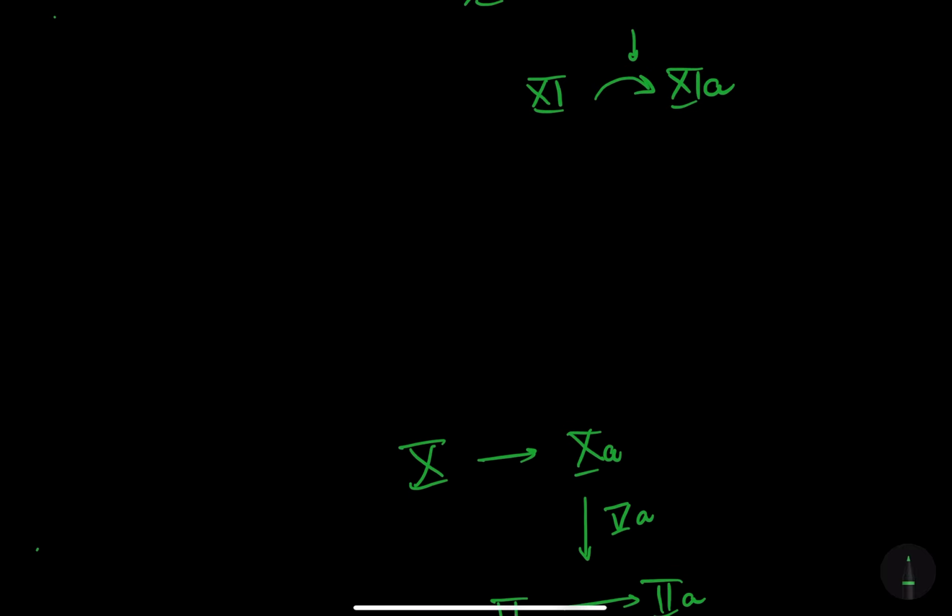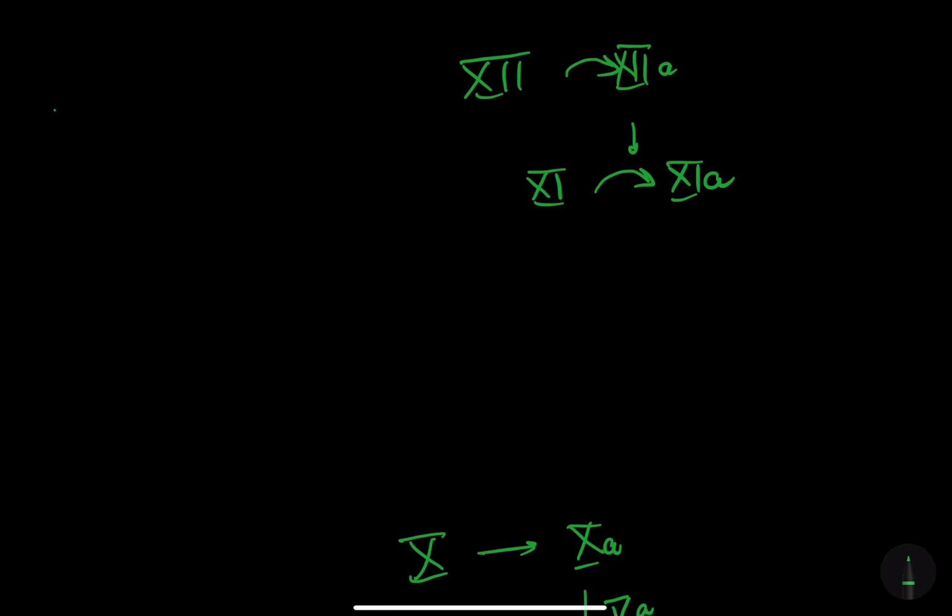After 12 comes 11, so factor 11. Now about factor 10, factor 10 is already there in the common pathway, so we would skip the number 10.